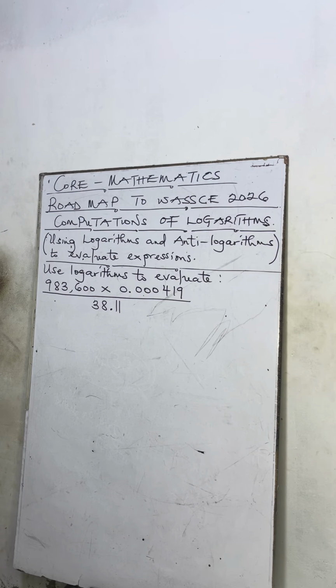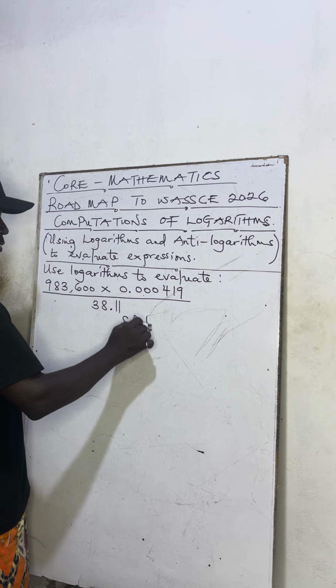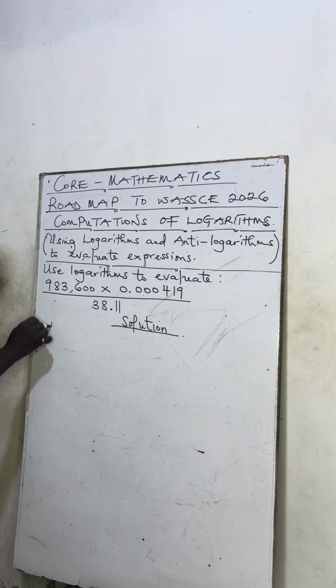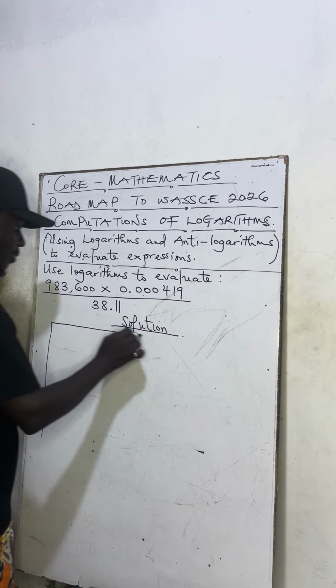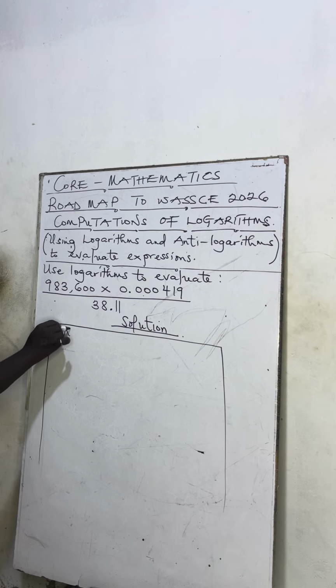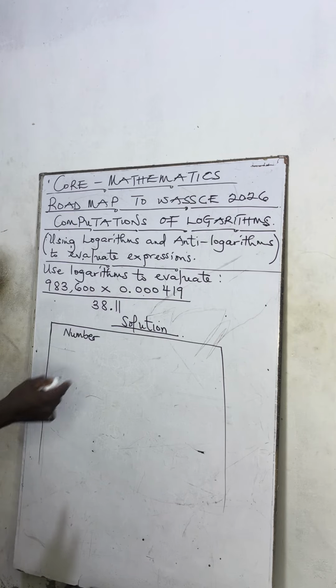Okay, so in solving this question, we need to draw a table. So solution: let's draw a table. The table will indicate our number, which is the actual number before we convert it into logarithm.